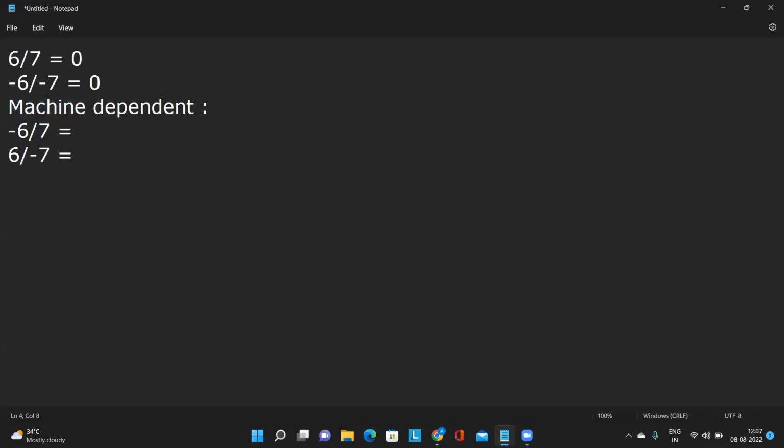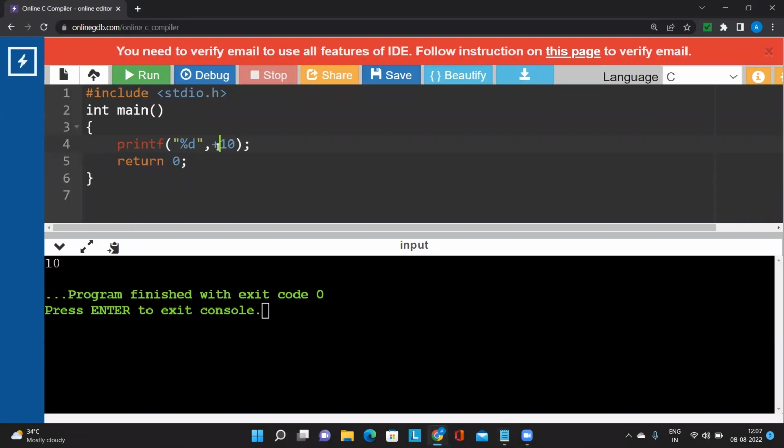For this, it may give me the result either as 0 or as minus 1. So we cannot predict the output of such an expression. It depends on the system, it depends on the compiler in which you are going to execute this particular program.